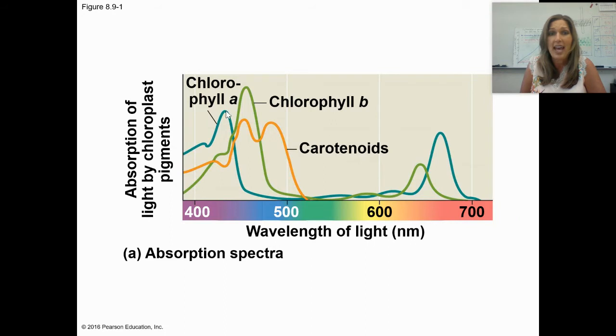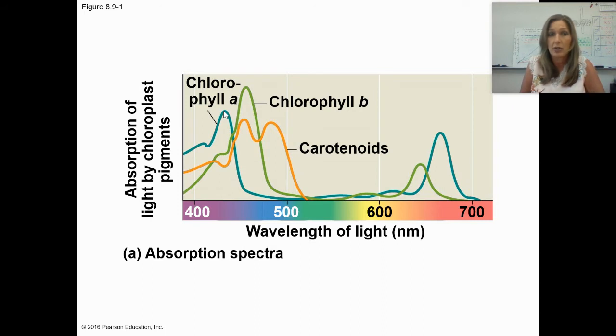But for chlorophyll A, it actually absorbs a whole lot of this particular wavelength of light. This transition from purple and blue kind of at about 430-ish nanometers of the wavelength. So this is telling us that this would be the preferred.